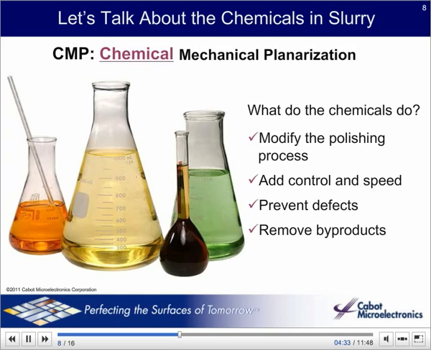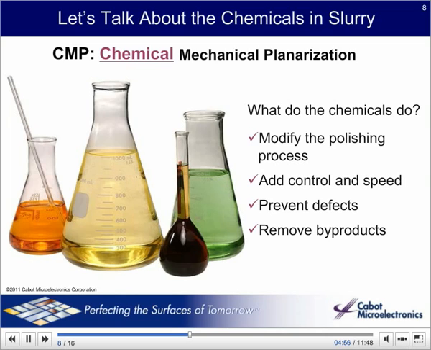We can take highly reactive surfaces and protect them from corrosion using chemical inhibitors. We can use chemicals to influence the rheology or friction at the interface between the pad, slurry, and wafer. We add chemicals that modify the pH because some surfaces polish better under acidic conditions and others under basic conditions.